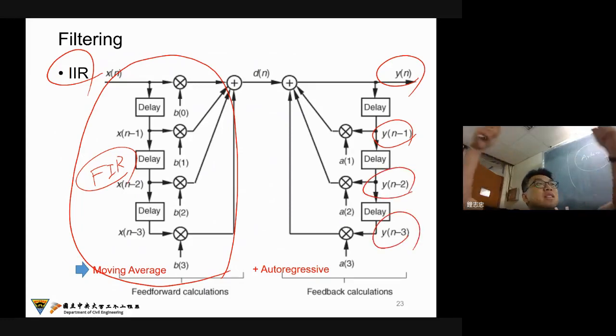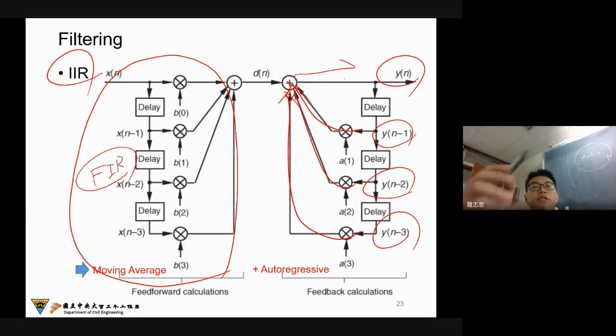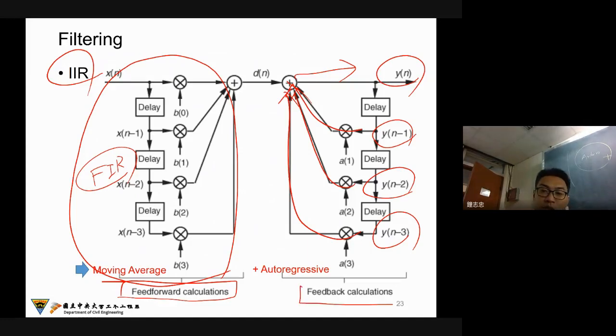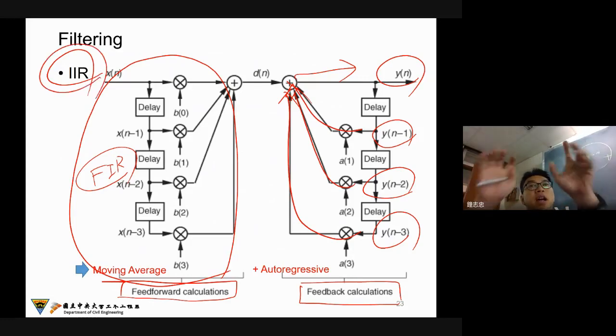It's like a recursive procedure to get a new YN. So this is what we call the forward, like the FIR, and this is what we call the recursive procedure. So IIR is much more complex for the calculation.